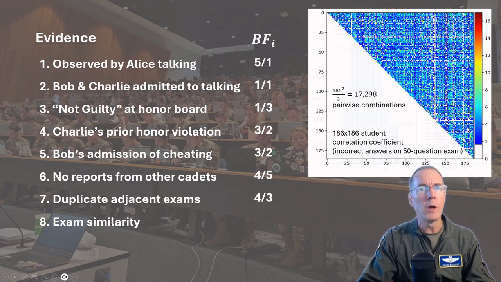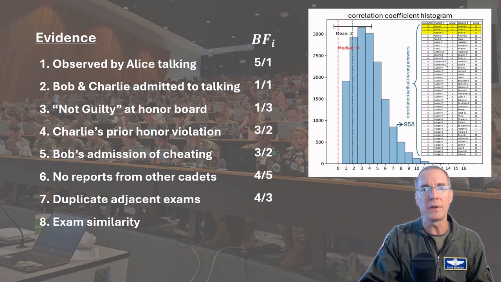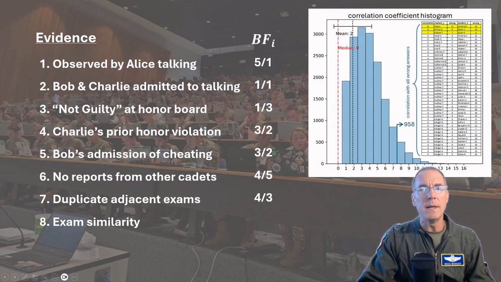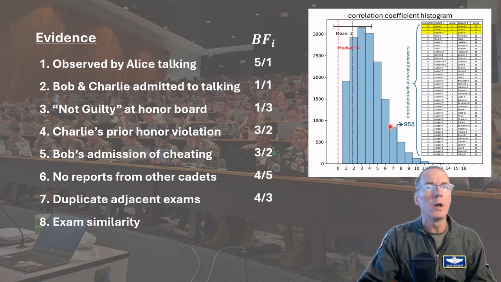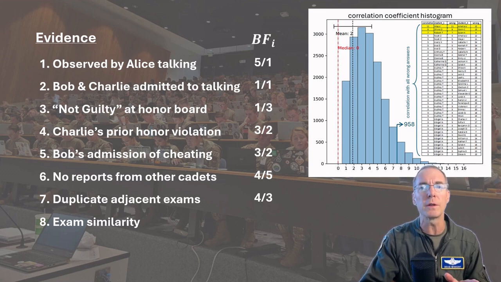Now, we can look at a histogram of this data, and we find that 958 pairs of exams were correlated by 8 or more wrong answers. And then in only 3 cases, including Bob and Charlie, did every single wrong answer correlate perfectly with the other exam.